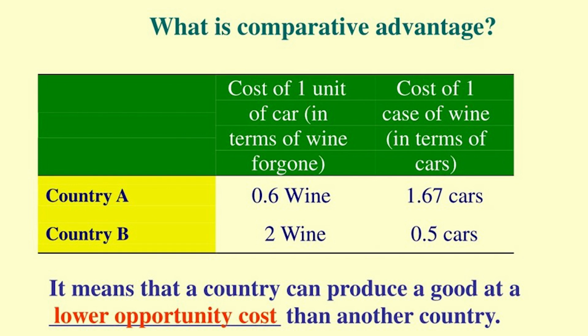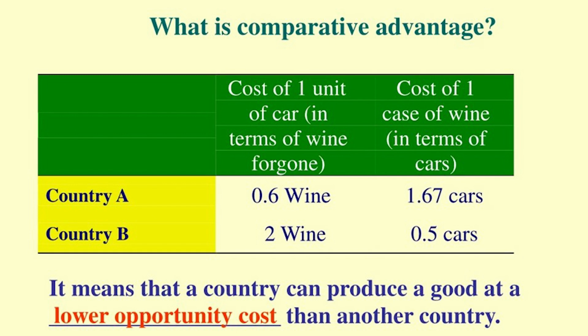So from the table, considering the concept of opportunity cost, country A has a lower opportunity cost in producing cars and country B has a lower opportunity cost in producing wine. So this is the concept of opportunity cost.